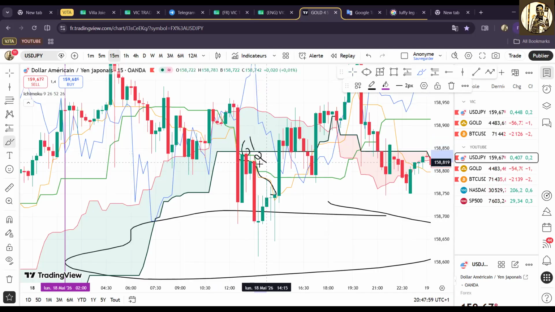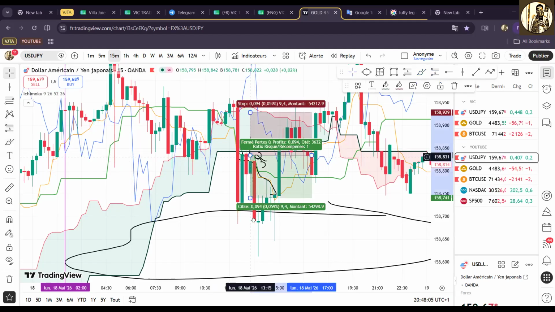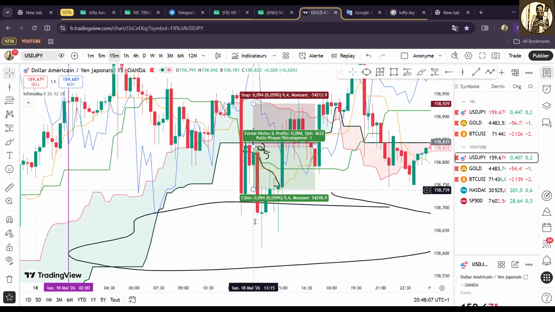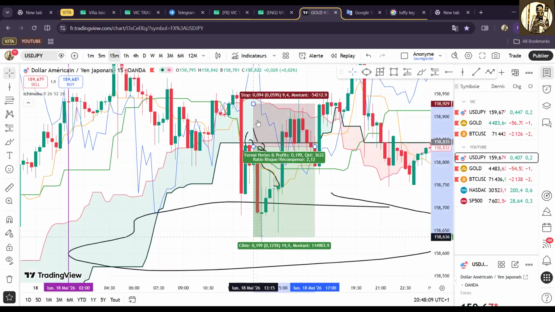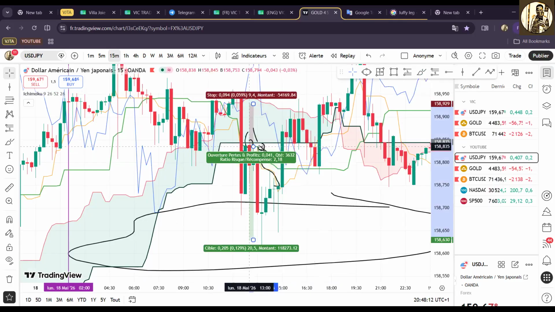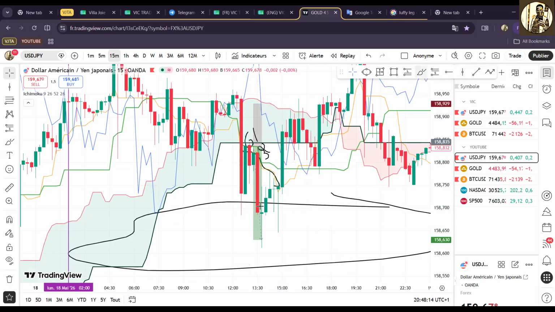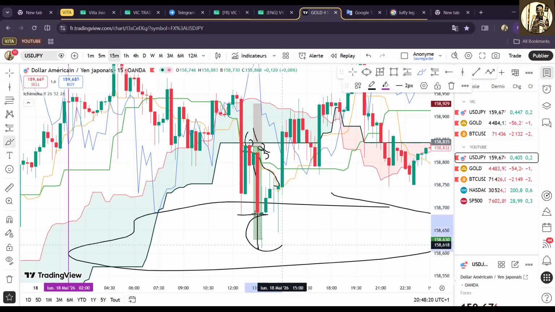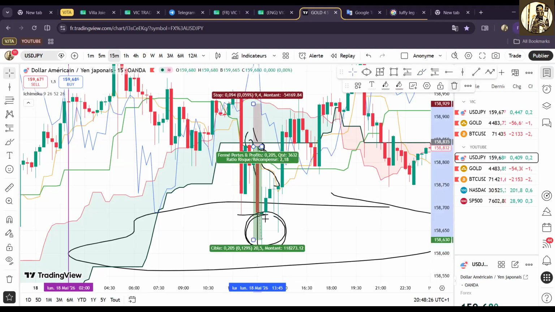Second Tenkan touch. You have three Tenkan touches to the downside here. You keep selling these ones because Tenkan is not yet inverted to the upside. You keep selling those Tenkan touches. But when the price falls down and breaks below this low, this part of the price that is below this low is an opportunity for you to buy because it is inside the H4 setup.